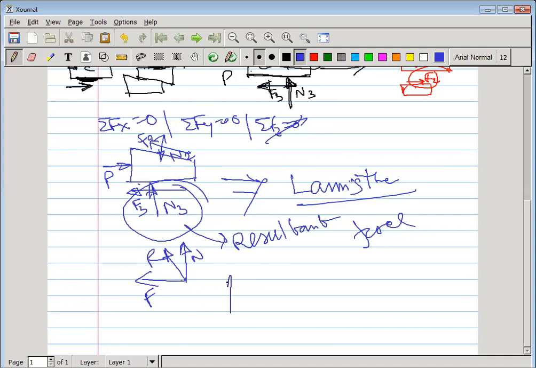See, simple. This is your normal, and this is another frictional force. This is your normal force. In which direction does this resultant act? In this direction. Clear? So you can simply put the resultant here. How? Just see this one, your phi. This is your resultant.